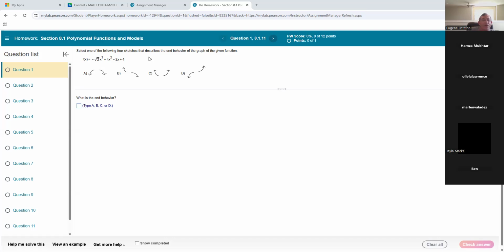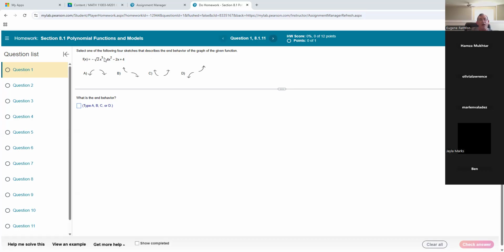So y'all, as we're looking through this one, the highest exponent is a 3. So that means that the negative square root of 2 x to the third is my leading term. It's got an odd degree of 3, and it's got a negative lead coefficient.